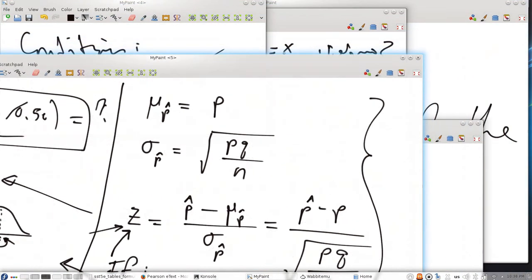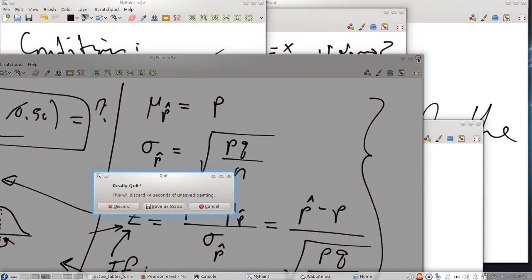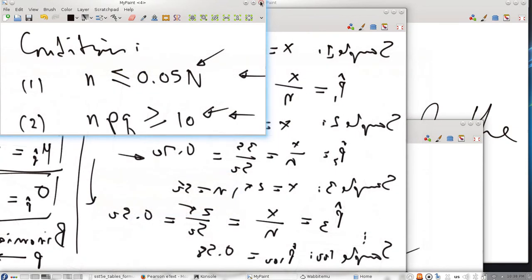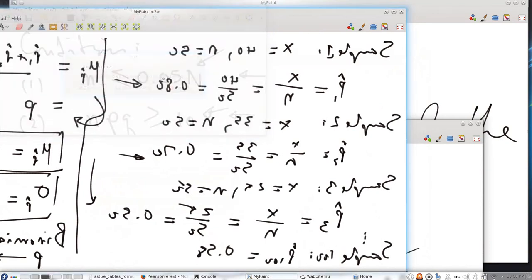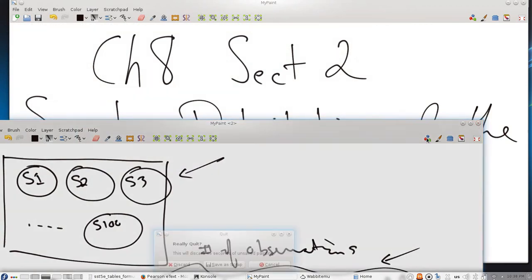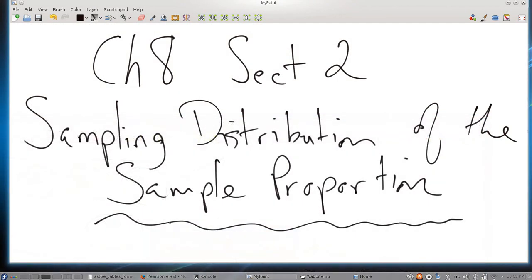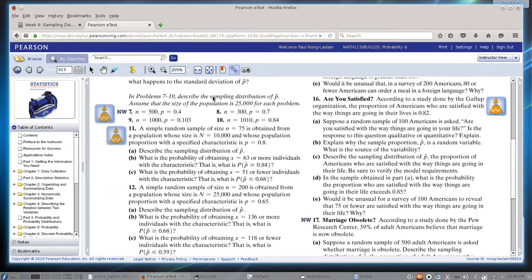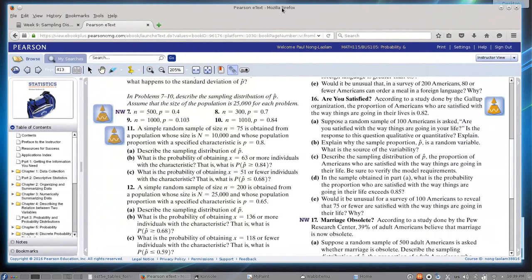Let's take a look at one example from our textbook, number 9 here.